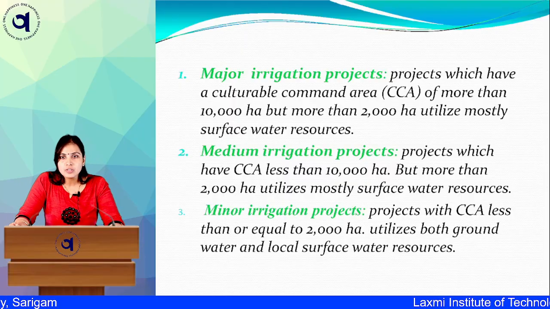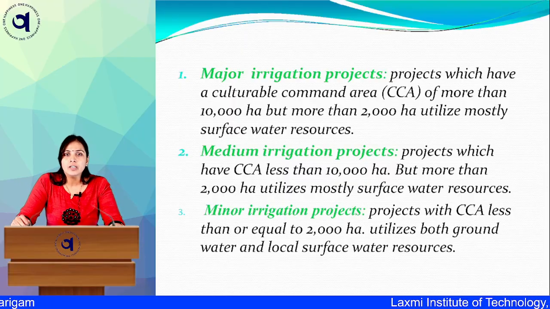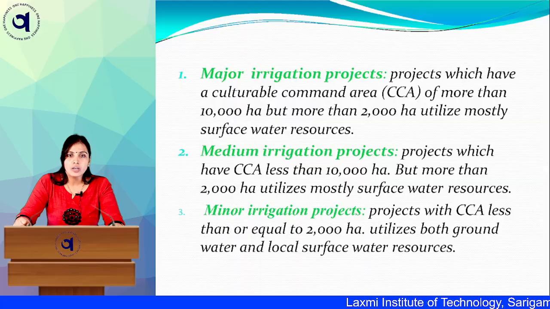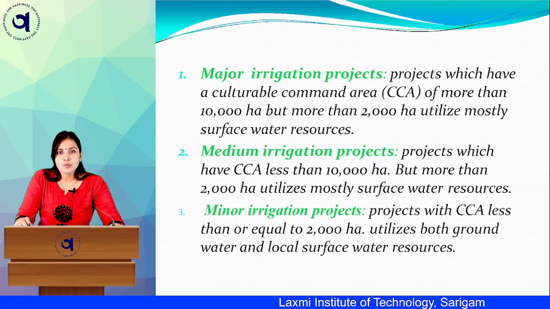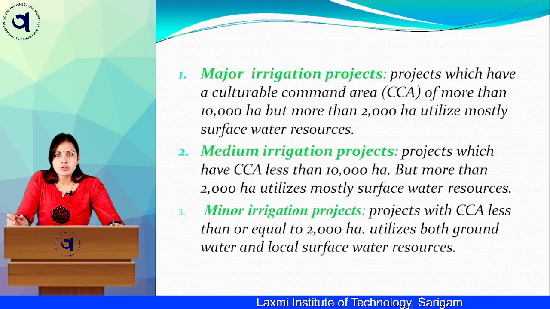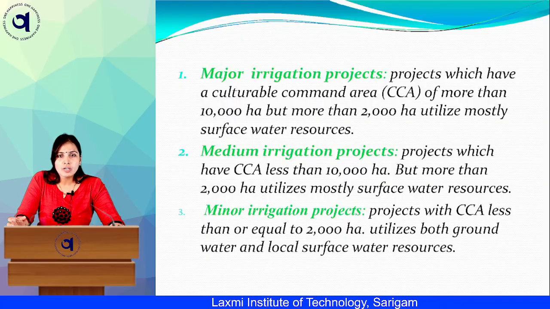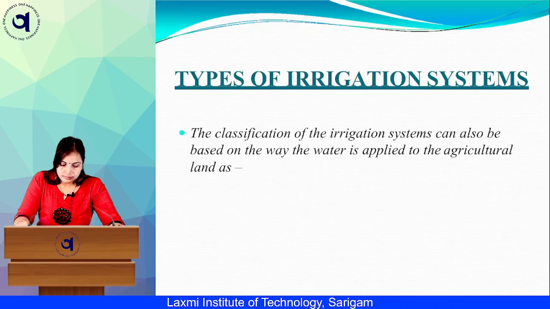Minor irrigation projects with cultivable command area less than or equal to 2,000 hectares utilize both groundwater and local surface water courses. So farmers utilize both local as well as groundwater resources.